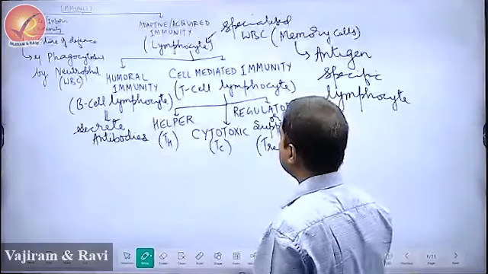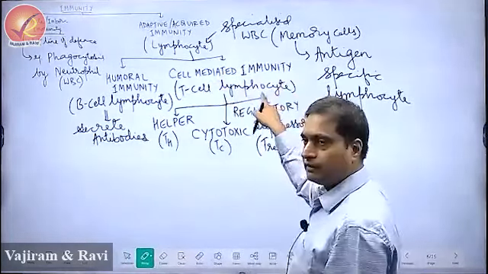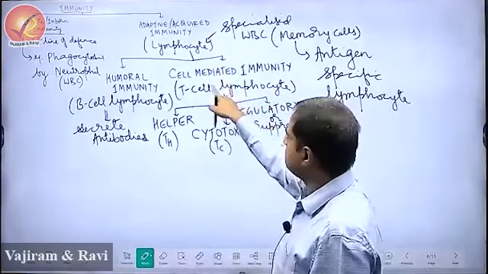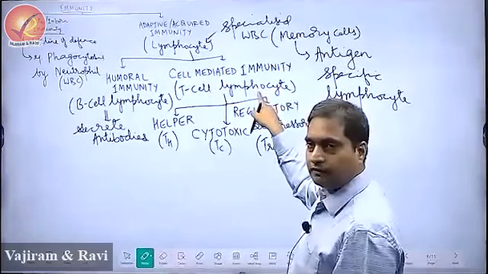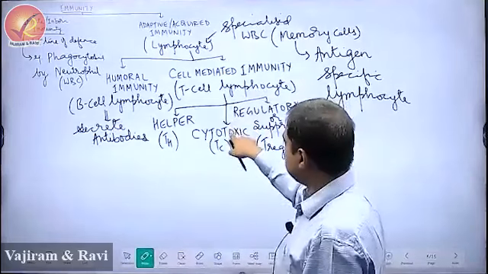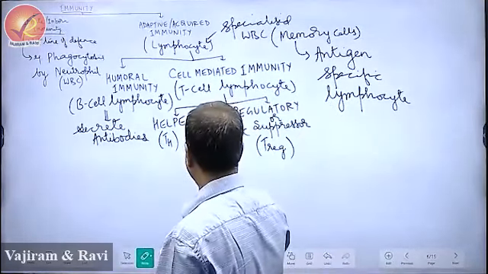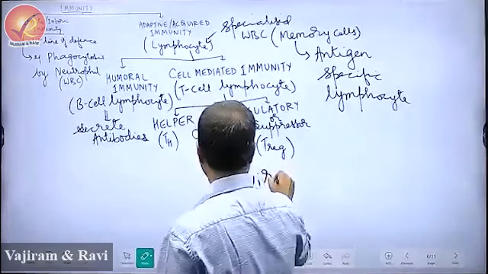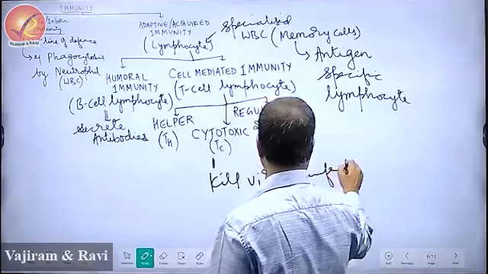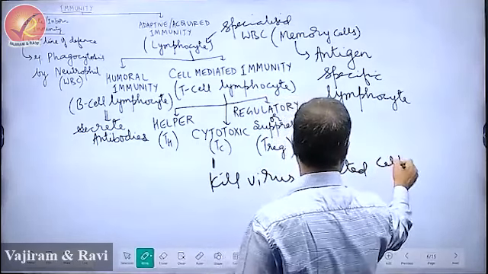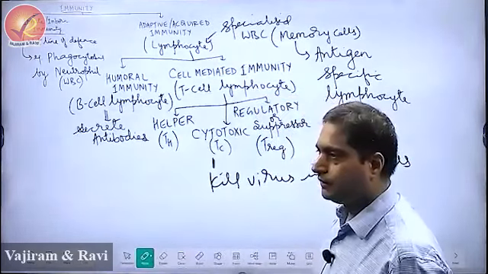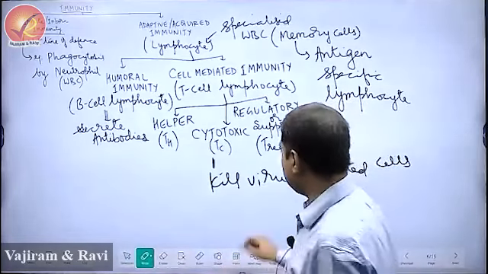This is called cell-mediated immunity, where the cytotoxic T cells kill the virus infected cells and also have the ability to kill cancer cells.